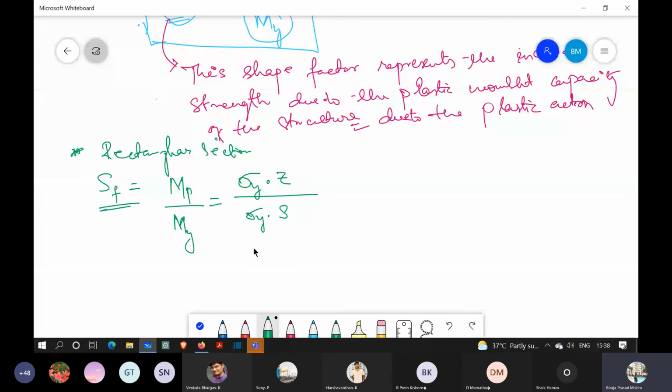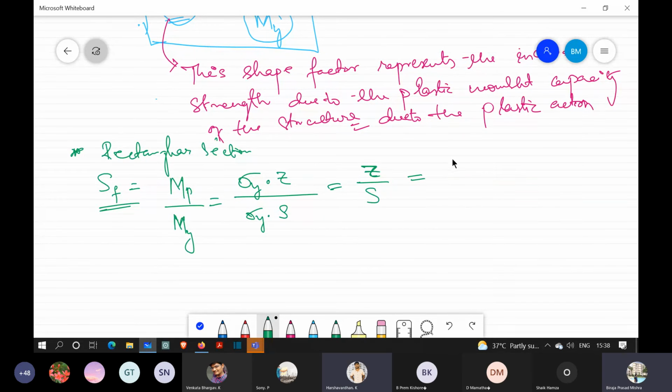Now what is the value of Z again? Please check your notes and tell me what is the value of Z for rectangular section. BD square by 4, sir.